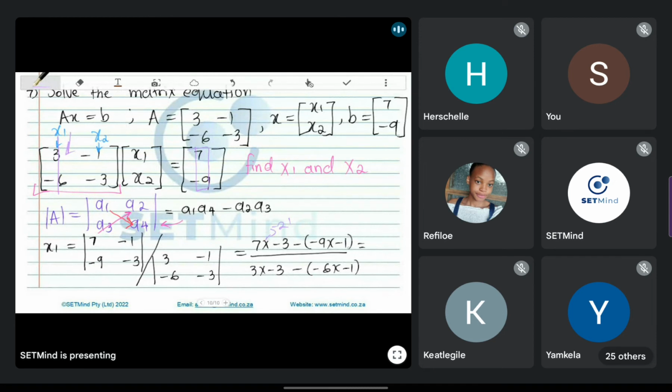That's going to be negative 9. So that's negative 30 divided by, let's see the denominator, that's negative 9, that's negative 6, that's negative 15. So the final answer here will be 2. So meaning essentially my x1 is 2. Are we still together?